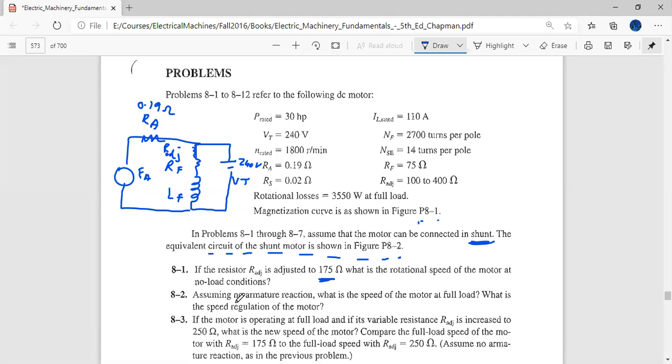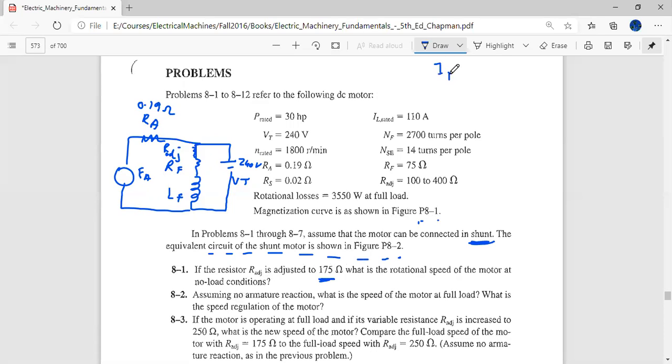Try to figure out how you are going to do it, then I'm going to give you a hint. First of all, from this data you can find that R adjustable is 175 and RF is 75, so you can find IF.